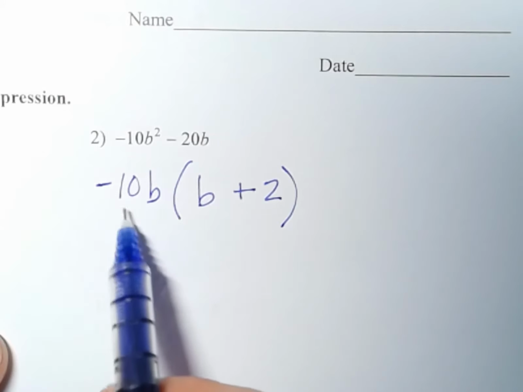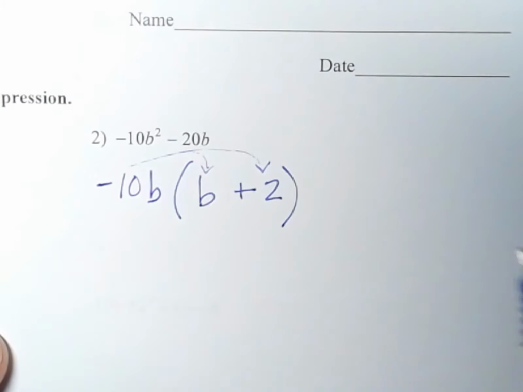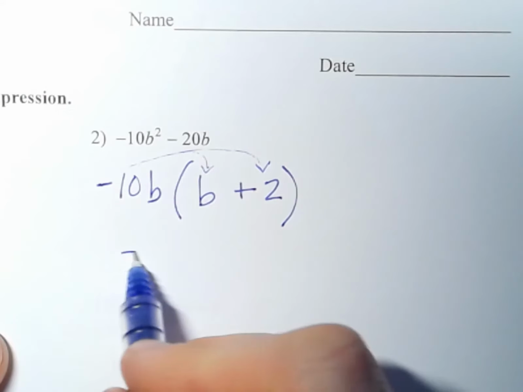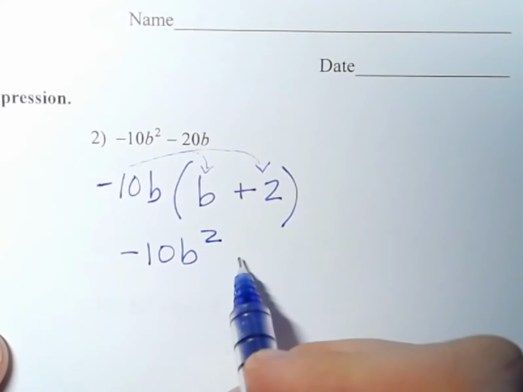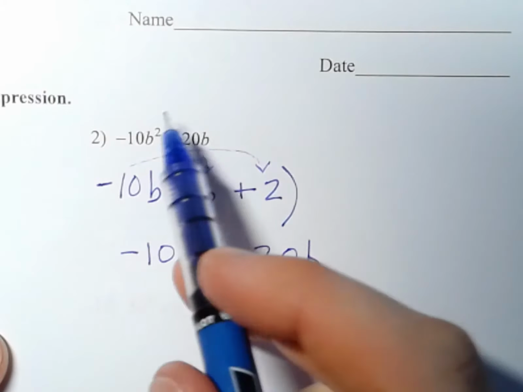If I was to redistribute this to there and there, I indeed would have negative 10b squared minus 20b, right?